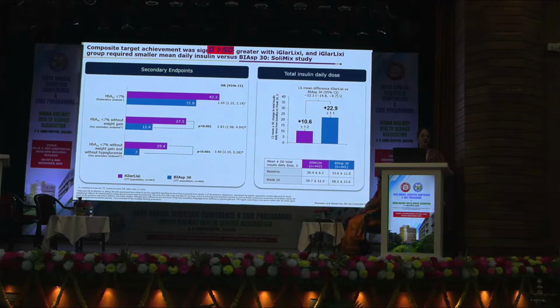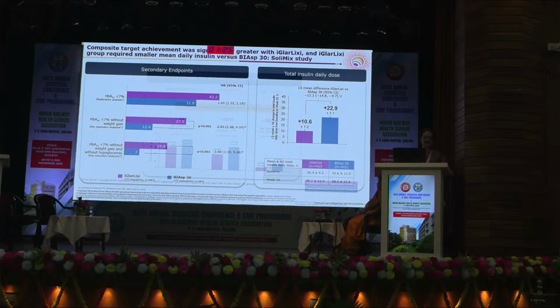Around 2 kg was the weight difference between the two groups. Obviously, the person getting premixed insulin gained about 2 kg. The secondary endpoint showed that around 42% of the population achieved an HbA1c of less than 7%, of which without hypoglycemia was around 27%, and without hypoglycemia and body weight gain was around 19.4%. The total daily insulin requirement was also less with iGlarLixi, around 12 units more for premixed insulin.